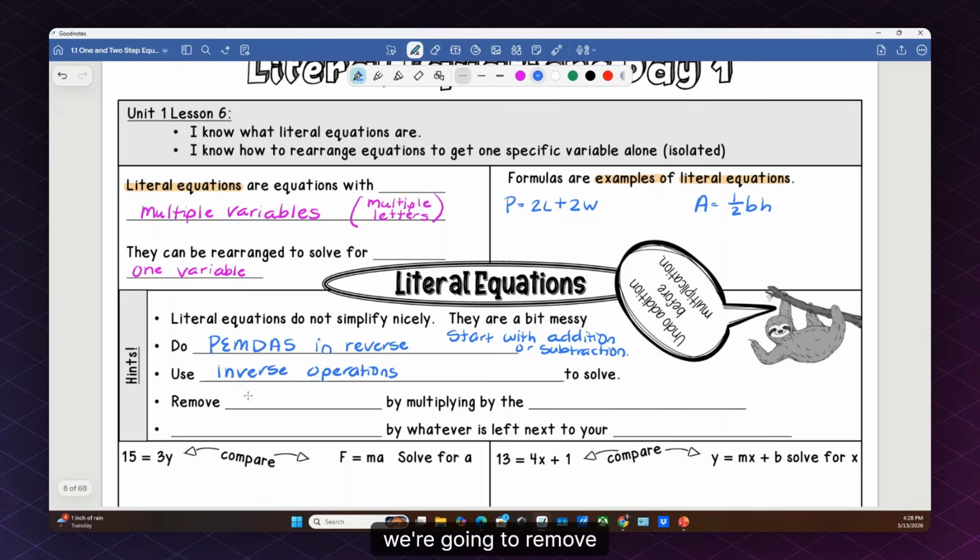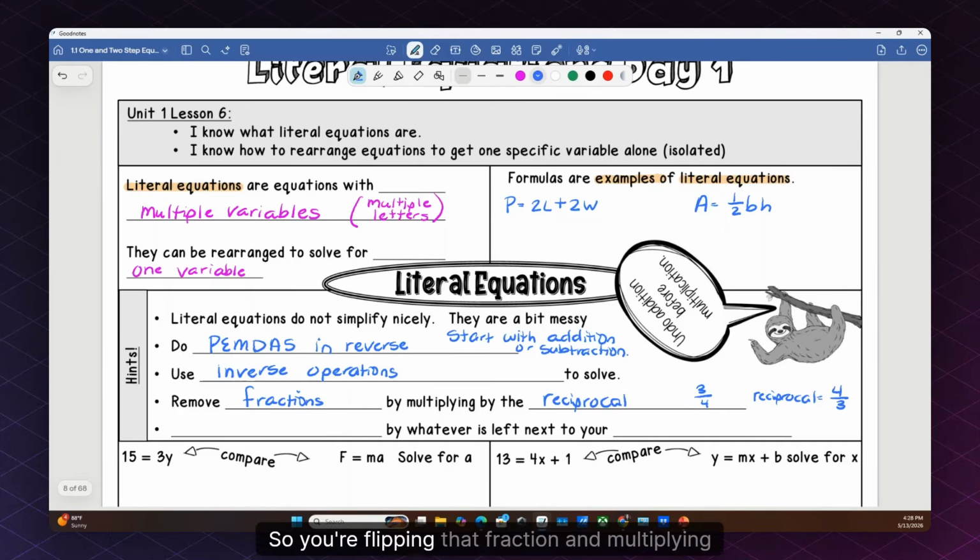We're going to remove fractions by multiplying by the reciprocal. Let me give you an example of this. If we have a fraction 3/4, the reciprocal is 4/3.